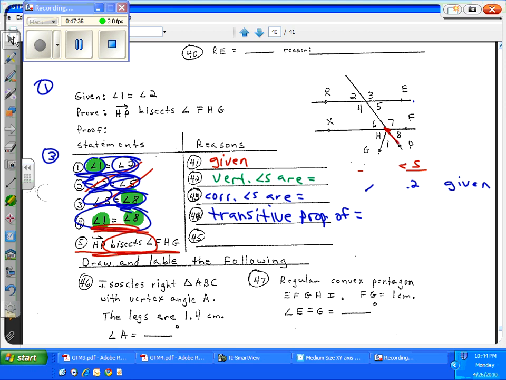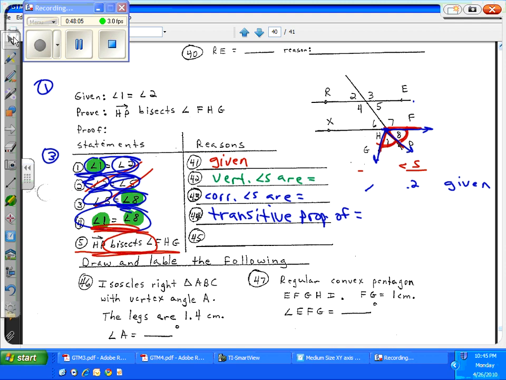There's angle 1. Here's angle 8. It gives us in statement 4 that angle 1 is equal to angle 8 because of all that transitive stuff. We're trying to conclude here that this ray bisects that whole big angle. Well, that's obviously true because the definition of an angle bisector says it's a ray that divides an angle into two equal angles.